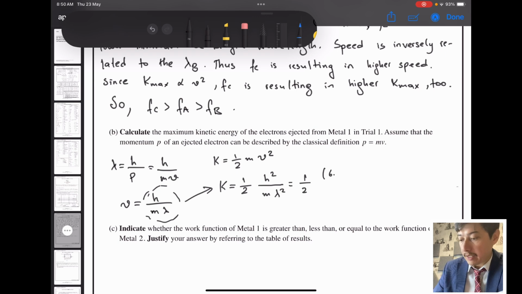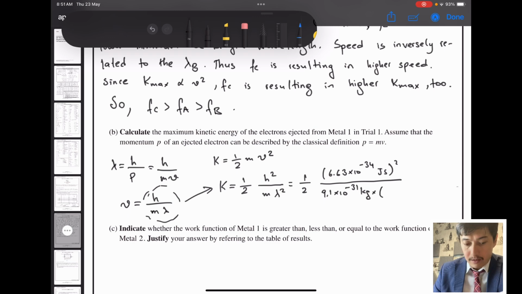You can see it is equal to 6.63 times 10 to the power of negative 34 joule second, squared. And the mass of the electron can also be found from the formula sheet, which is equal to 9.1 times 10 to the power of negative 31 kilogram, times.